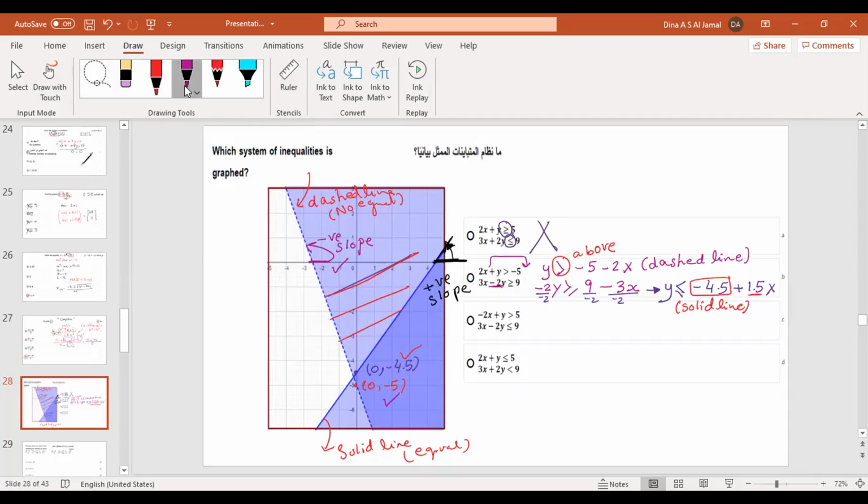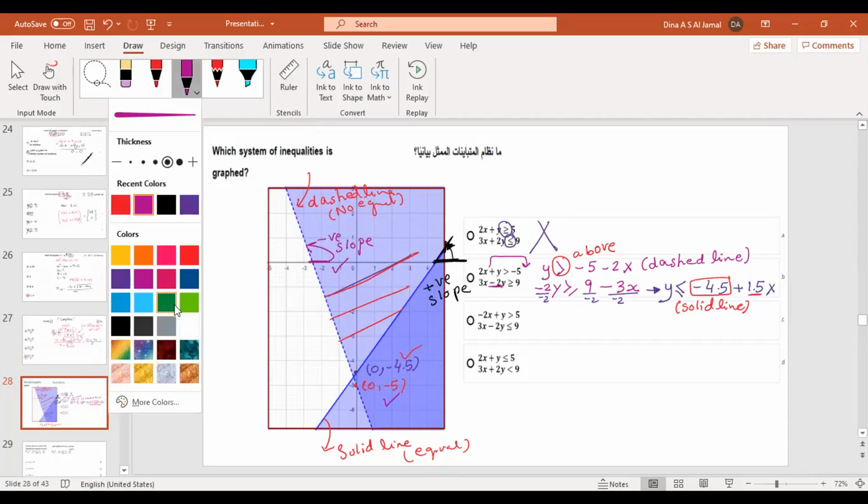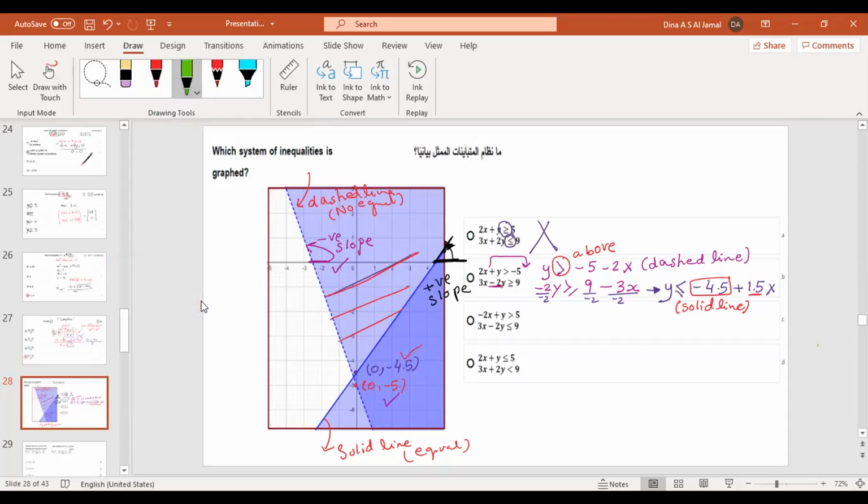Okay, let's check now the shaded area, or let's choose another color. Now I have this as below. So if it is below, then this solution is right. So as we can see, the shaded area is yes, and it is below.